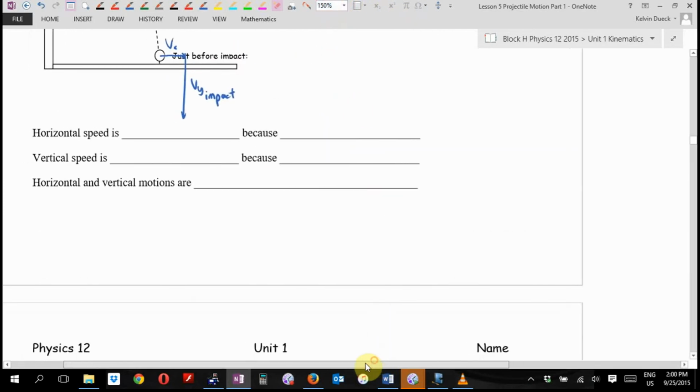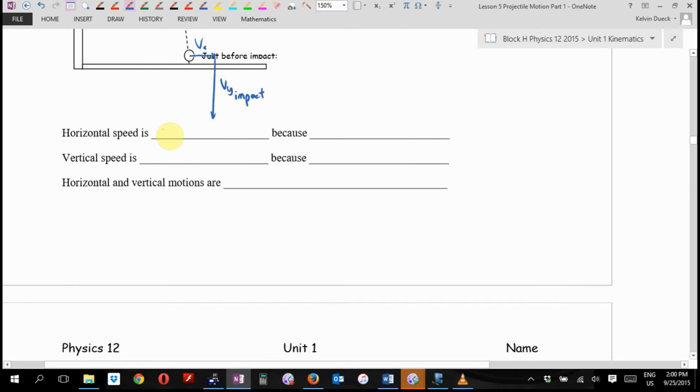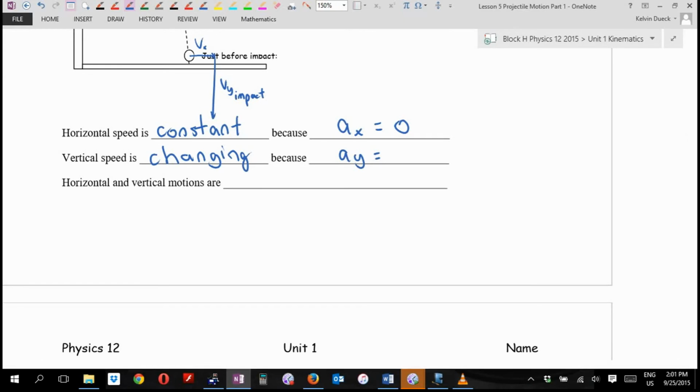Again, key ideas. Horizontal speed is constant because Ax equals 0. Vertical speed is changing because Ay equals negative 9.8.